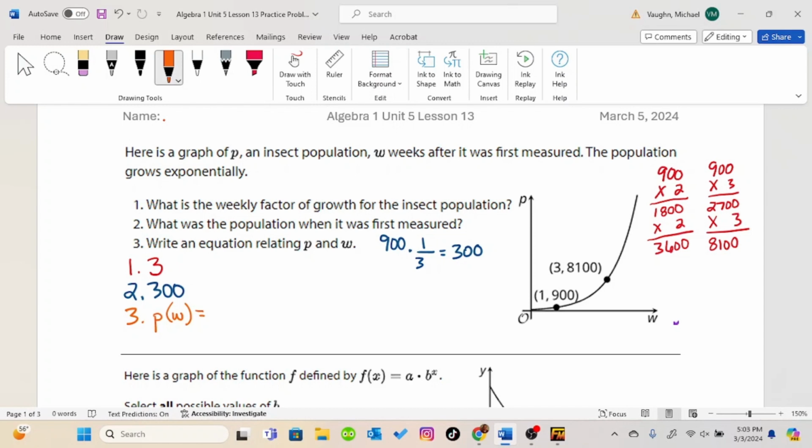So we're going to start with our y-intercept, which we found in number 2, is 300. Then we're going to multiply that by the growth factor, which we found in number 1, was 3. And that growth factor of 3 is going to have the exponent of the input, which is W.